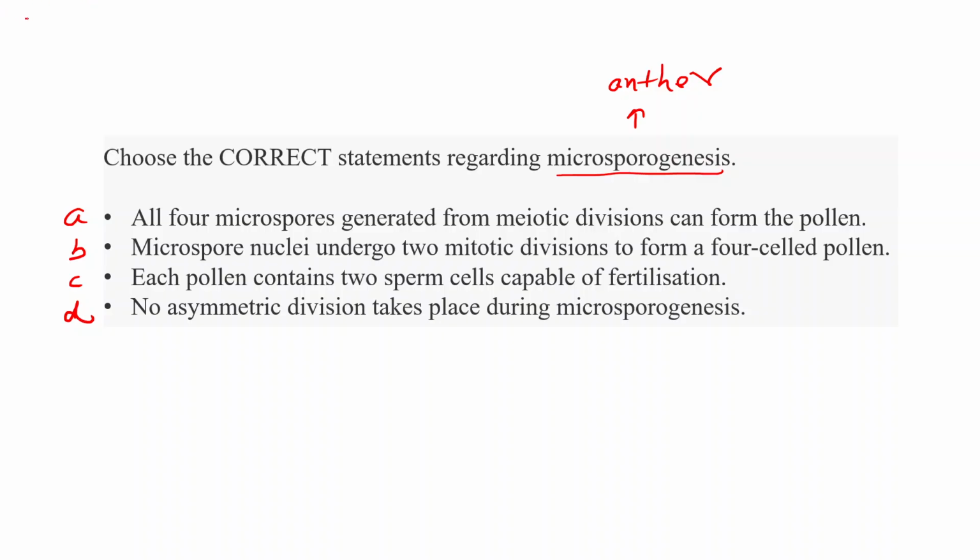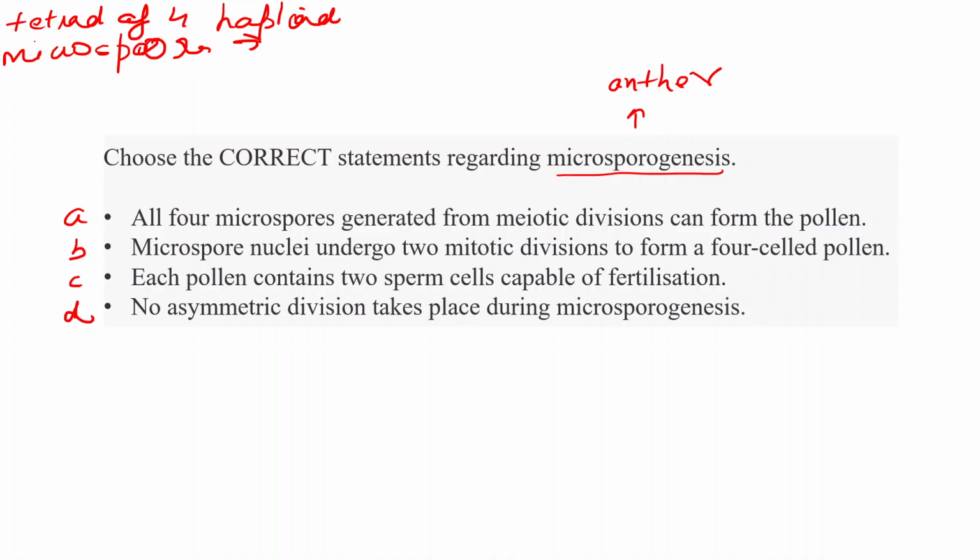So there is a tetrad of four haploid microspores. Then what happens in megasporogenesis?